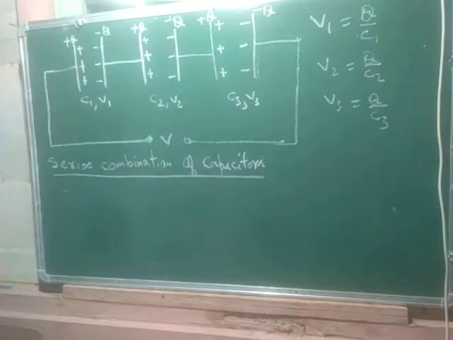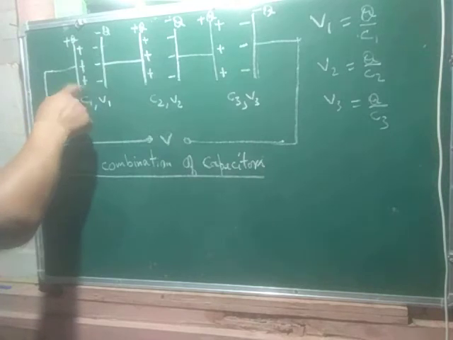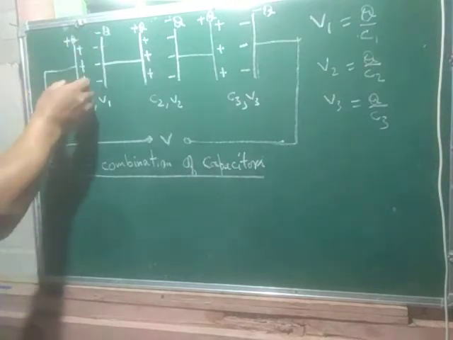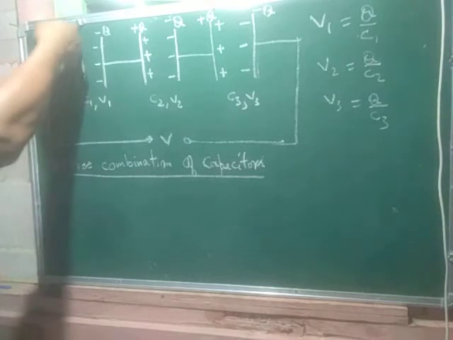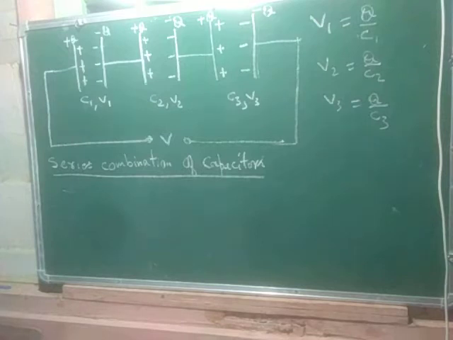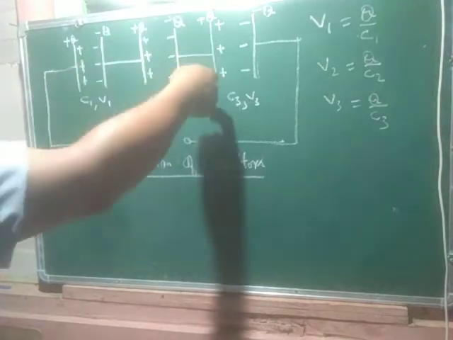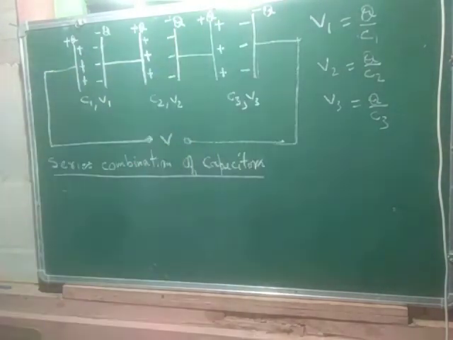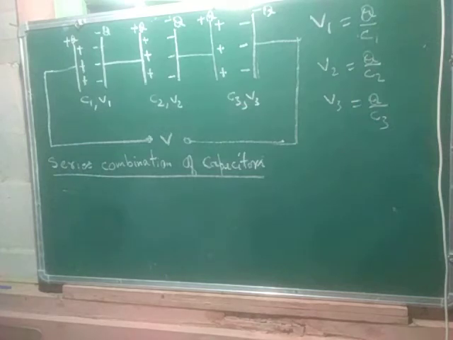So I have shown that the first capacitor has a charge Q. The only difference is that the positive plate is plus Q and the negative plate is minus Q. Similarly, the second capacitor has a charge plus Q and minus Q, and likewise the third capacitor also has a charge plus Q and minus Q.